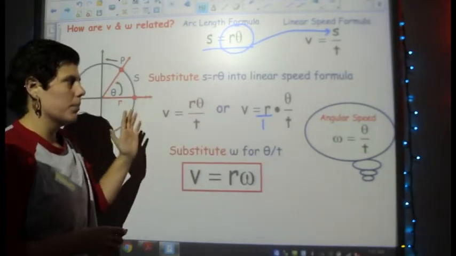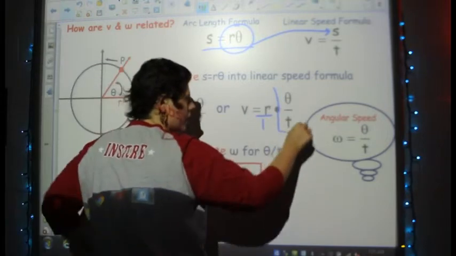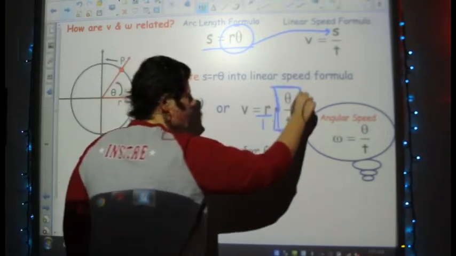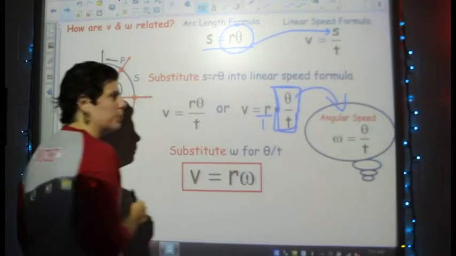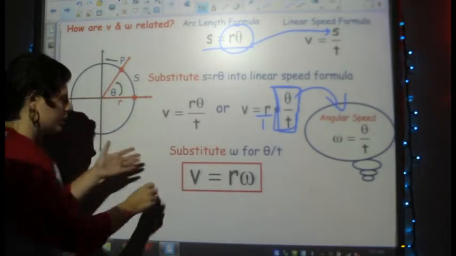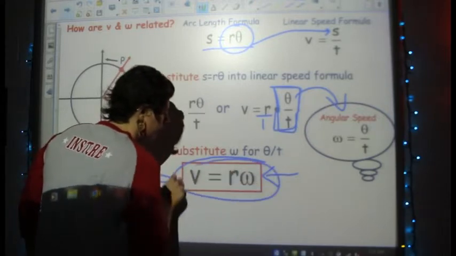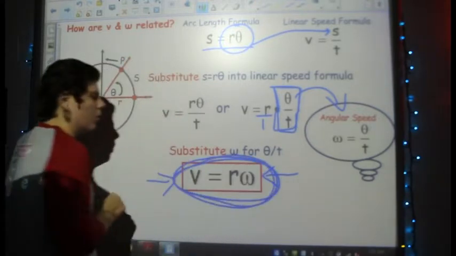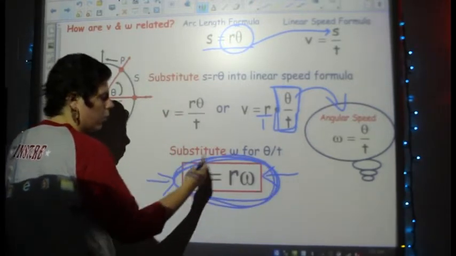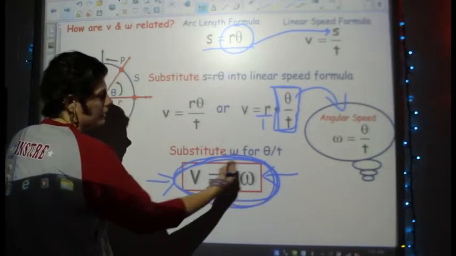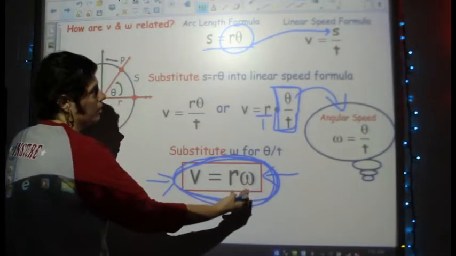The reason this is important is because theta divided by T is our angular speed formula. So we come back to a very important formula you're going to want to memorize: V equals RW. So linear speed equals the radius times the angular speed.